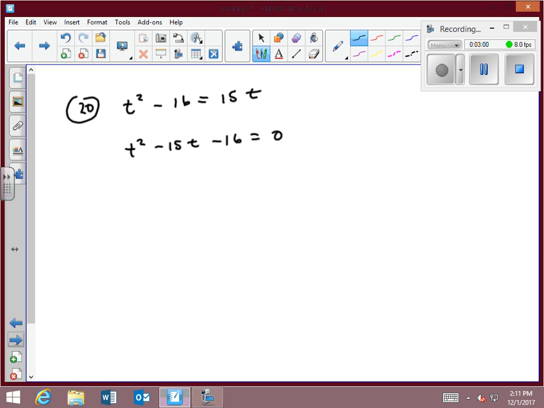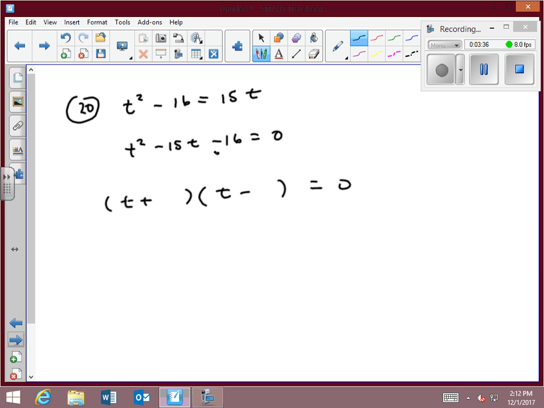Is there a common factor? No. So then is it a special case? No, because that negative sign will kick it out. So it's going to be factoring by trial and error. It's a T and a T with what signs? Opposite. They're going to be opposite signs, aren't they?